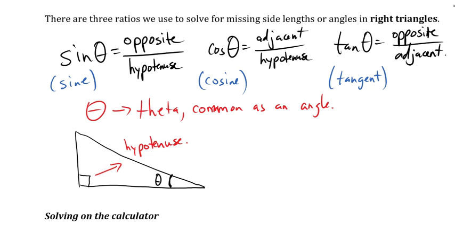Vertical or horizontal? Why would you say that? Okay, fair enough. Tony, what do you think? It's opposite the angle, so which one is it? The vertical one. So I'm going to draw an arrow across from the angle theta, and this one is opposite.